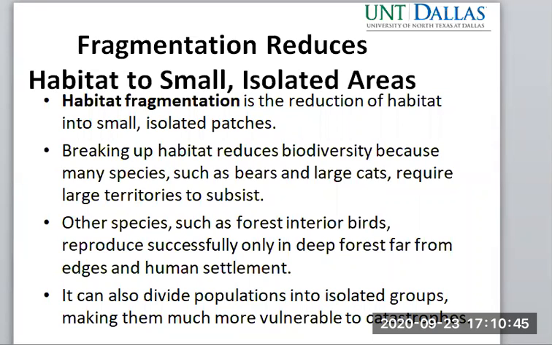An important question in conservation biology is what is the minimal viable population size for a species, and when these dwindling populations have grown too small to survive. It can also divide the populations into isolated groups, making them more vulnerable to catastrophes. And this kind of fragmentation actually reduces biodiversity because many species, for example bears and large cats, require large territories to subsist.